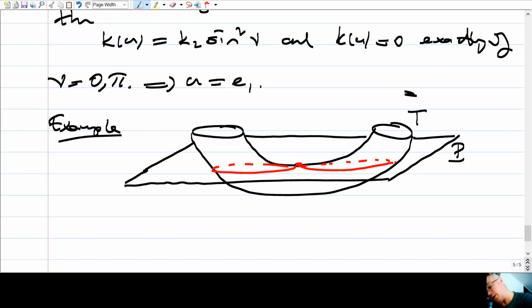This is my point P, and my asymptotic directions are these. One of them is this direction and the other one is this direction, let's say A1 and A2, asymptotic directions.